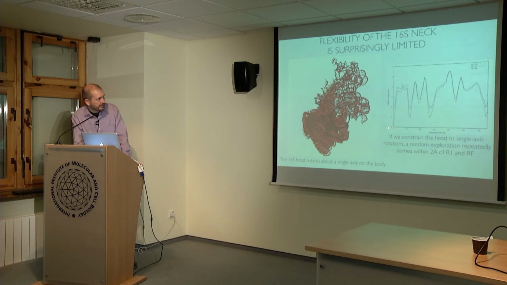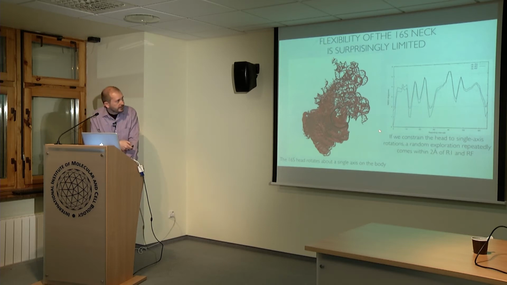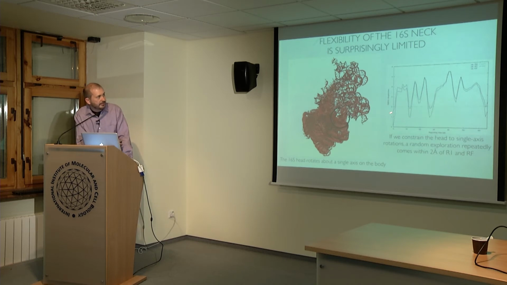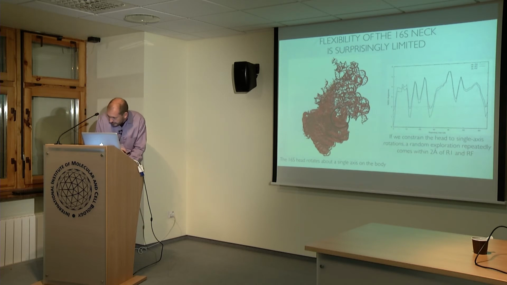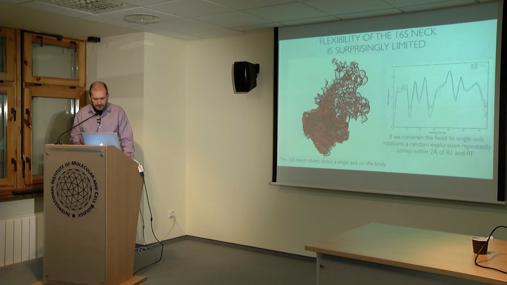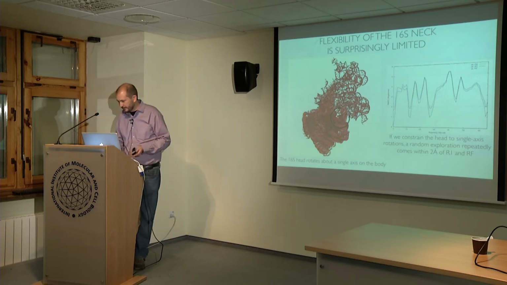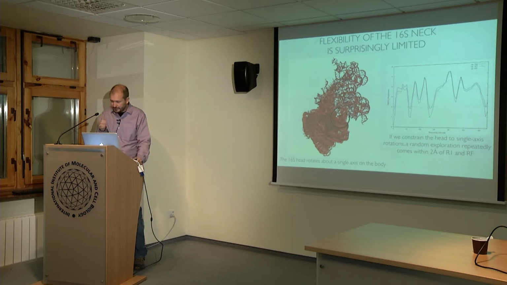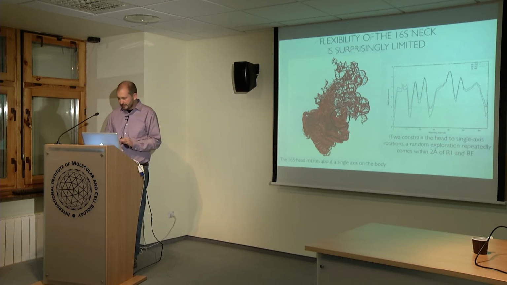You start out with this R2 structure, and it comes back within 1 angstrom of the R2 again repeatedly, and then it also comes within 2 angstroms of the R1 structure, the classical state. You see here, here, and here. So it samples all 3 of these states, like I say, several times within 30 seconds. That tells us that it's a very efficient way of sampling alternate conformations.